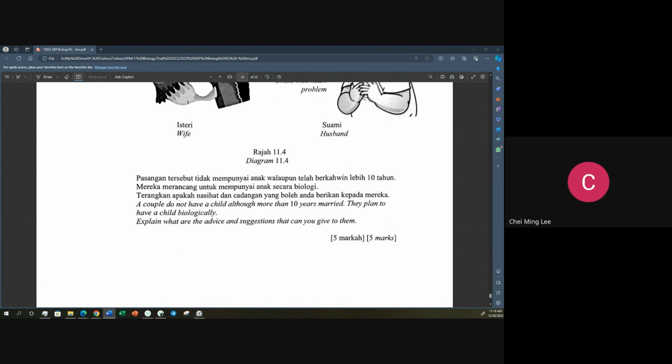So you need to mention in this case, at least one method must be mentioned or one lifestyle must be mentioned.